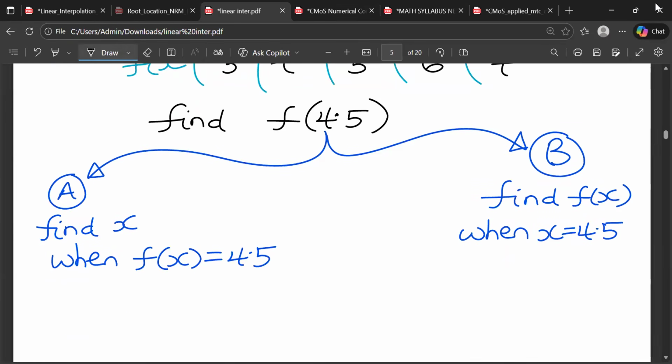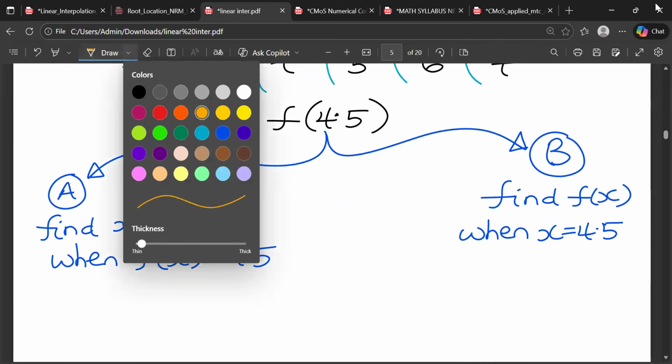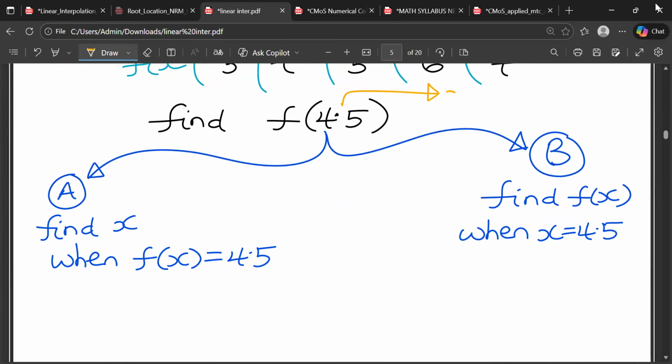So when they do that, have it in mind that this 4.5 is x. So that means I've already told you that x is 4.5. So they want you to find f of x. So it is B.